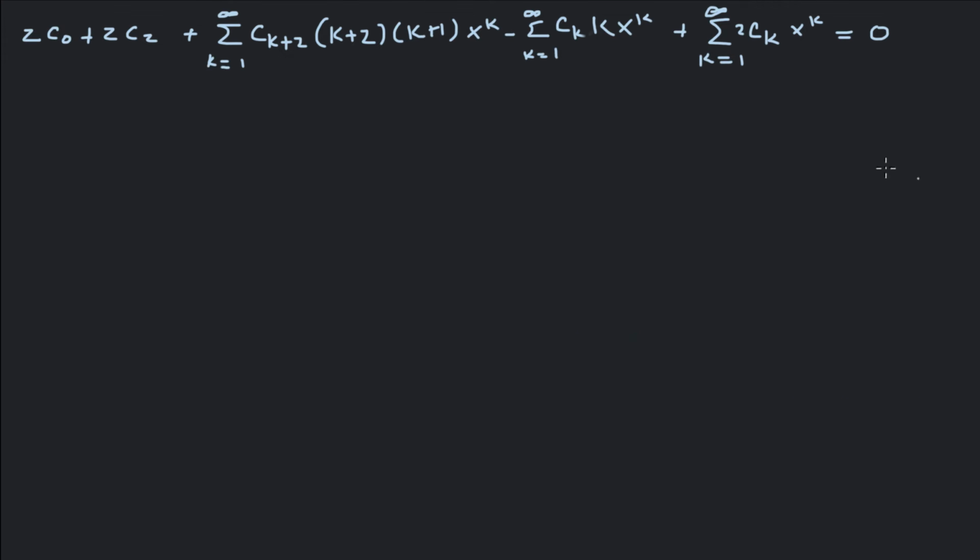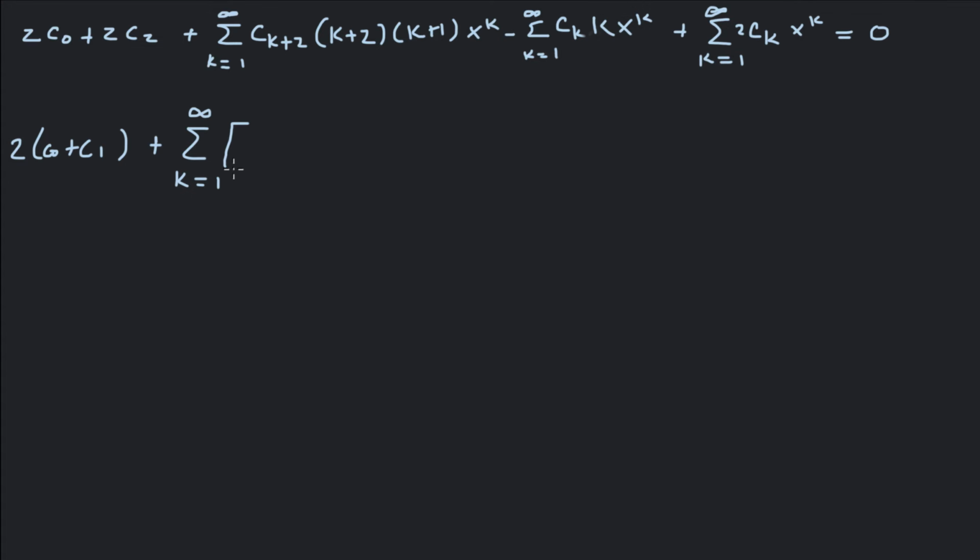Right, so we've rewritten everything here. We've got these constant terms that were multiplied by x to the 0. We've got these terms now for each series starting at k equals 1, and we have the same exponent. So now we can combine it into a single series. So we get 2 times c0 plus c1 plus the sum, k equals 1 to infinity.